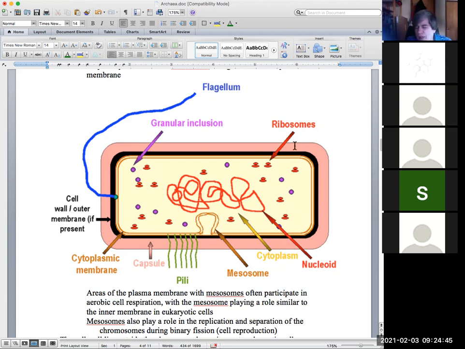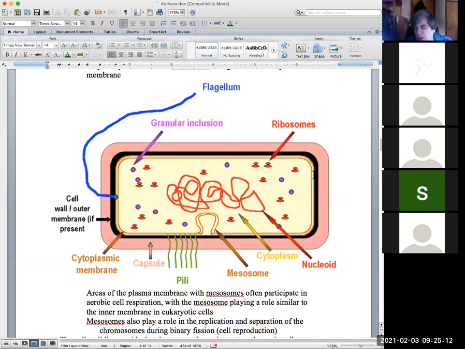Now, not all bacteria, but a lot of bacteria have this kind of pink layer outside the cell wall. And this is something called a capsule or a slime capsule. And it's made of something called a mucopolysaccharide. So think of mucus, and polysaccharide, again, is a big carbohydrate.